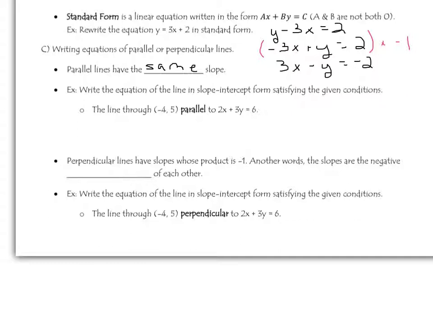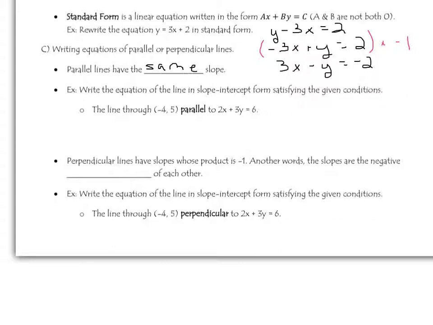Okay, let's do this. We need to find the slope of 2x plus 3y equals 6, because we know that parallel lines have the same slope, so the parallel line that we're finding has the same slope as 2x plus 3y equals 6. So we need to get y by itself. We know how to do this already because we've been practicing this.